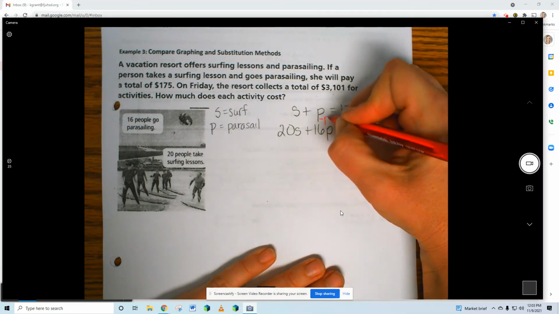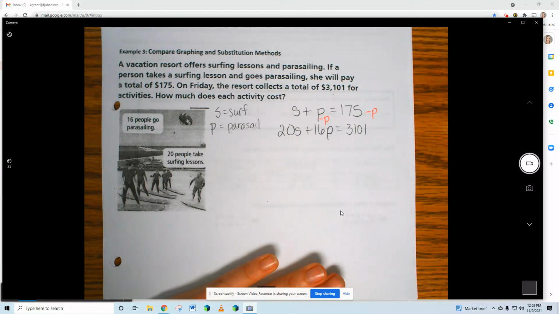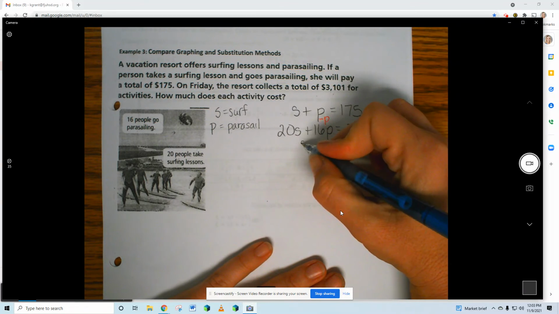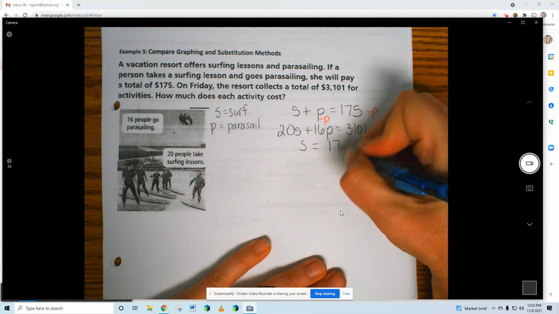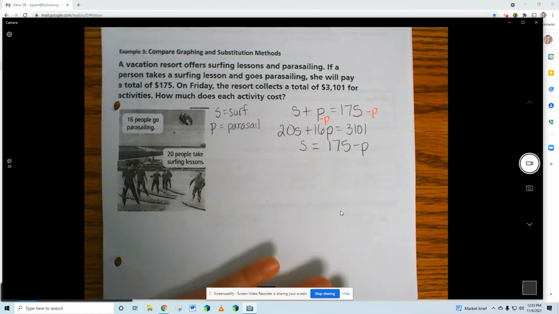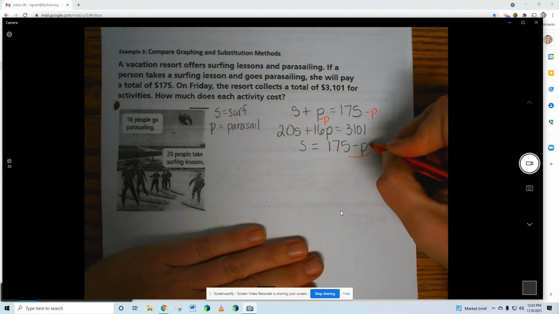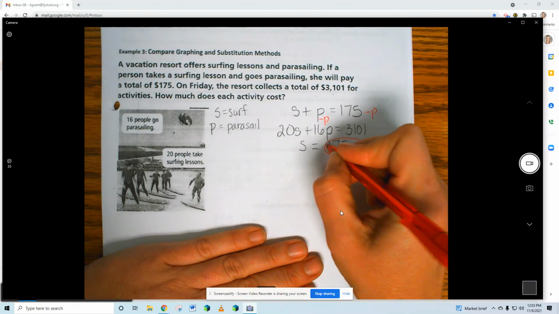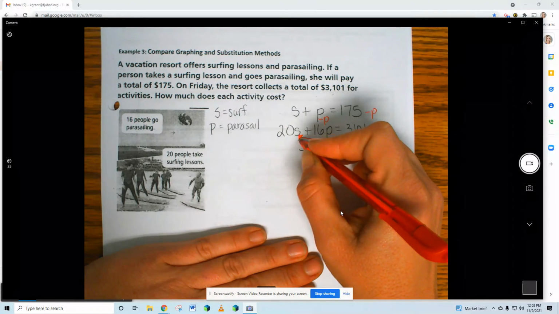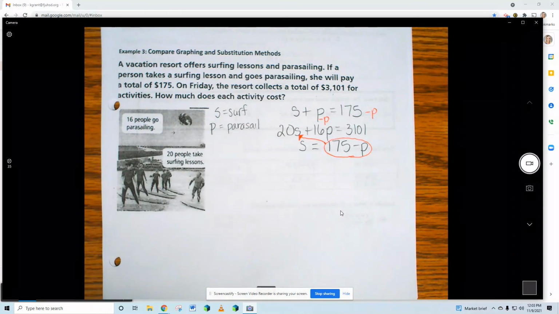So I'm going to subtract P. S equals 175 take away P. So now I know the value of S, 175 take away P. I'm going to plug this 175 minus P into the S. So you're not going to write S anymore.